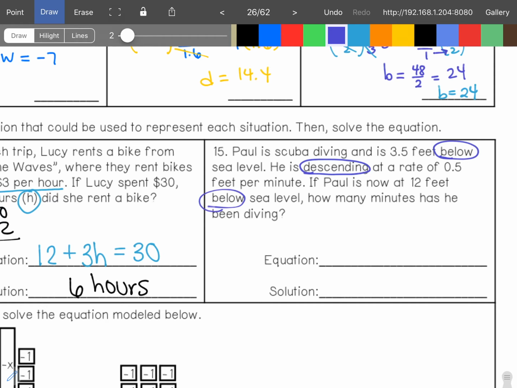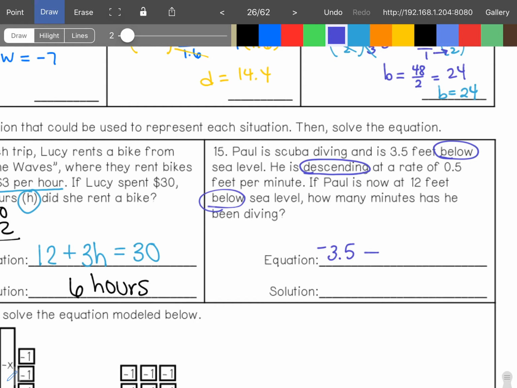Okay, so he's scuba diving and he's 3.5 feet below sea level. So that's going to be a negative 3.5 below sea level. Then he descends, so that's subtraction, at a rate. Rate is going to show us our slope. It's our multiplication. So 0.5 feet per minute.